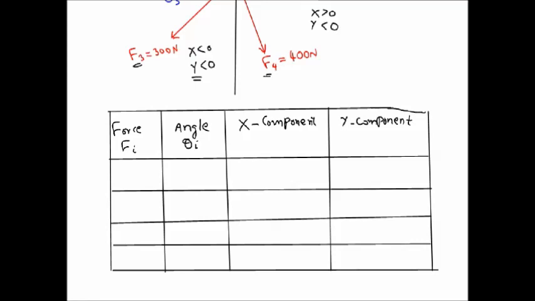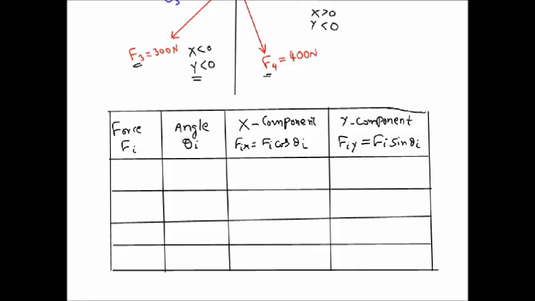So we have forces F1, F2, F3, F4, and the x component of the force Fi, represented as Fix, is Fi cos theta i. Then the y component, represented as Fiy, is Fi sin theta i.